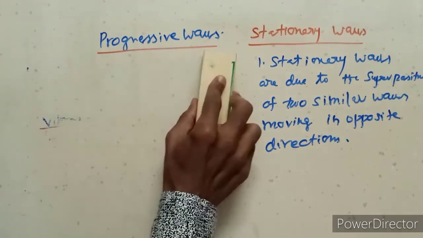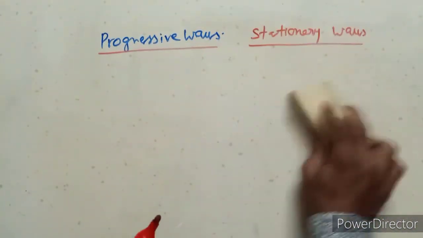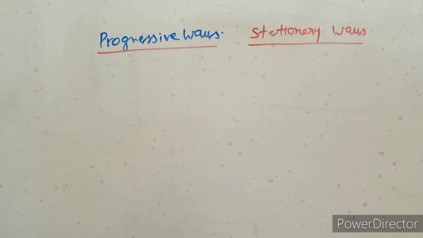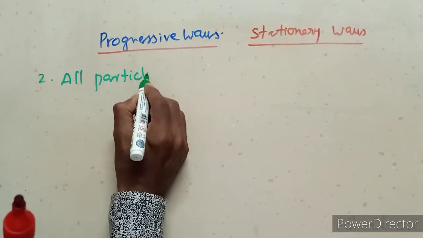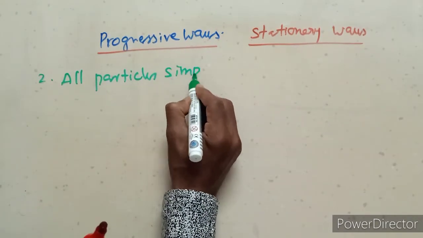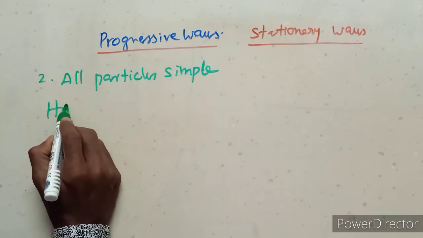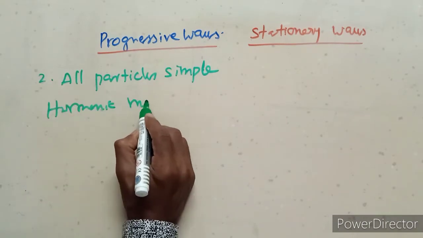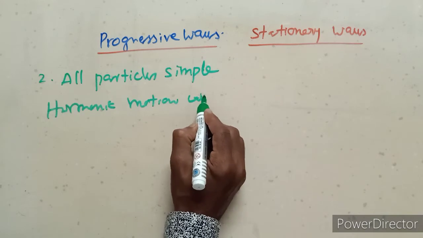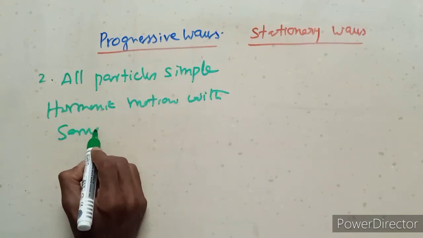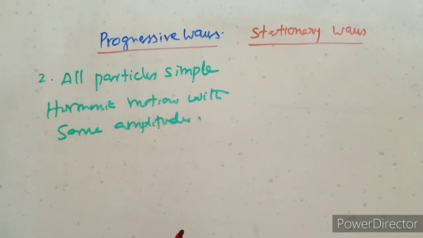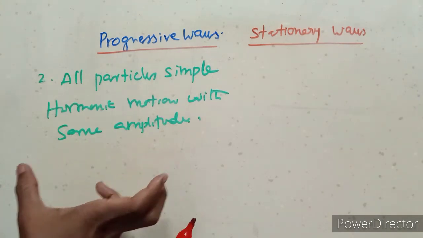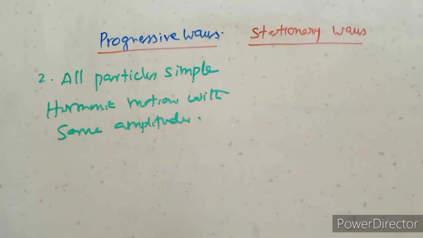The second point: in progressive waves, all particles execute simple harmonic motion with the same amplitudes.